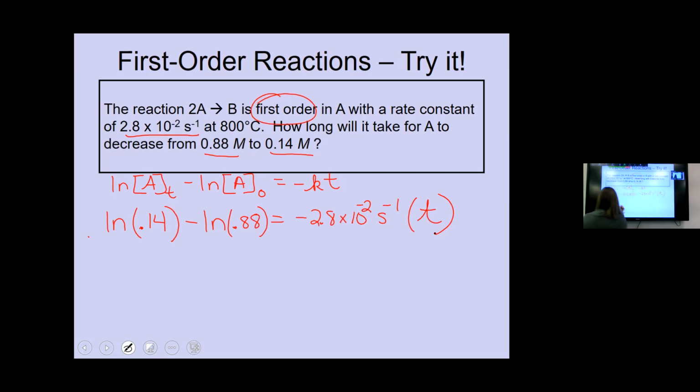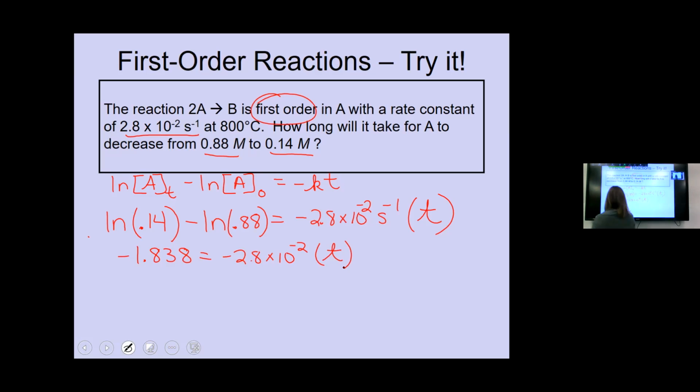And I get negative 1.838 is equal to negative 2.8 times 10 to the negative second times t. So I'm going to need to divide both sides by the 2.8 times 10 to the negative second. Now my negatives are going to cancel out, which makes sense because obviously t has to be a positive value. We don't have negative time.